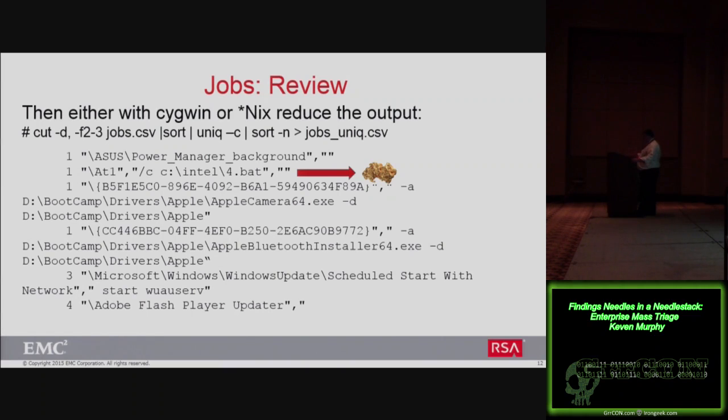The rest of it looks normal. The network that this particular one came from wasn't super huge, but you can see, at the bottom, Adobe Flash Player Updater. I have 4 counts of those AT jobs, and that's something I can just rule out because it looks benign.